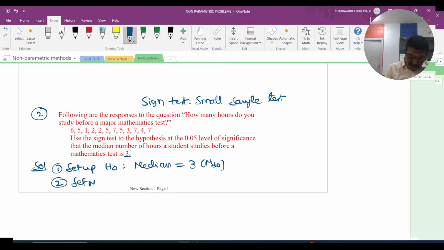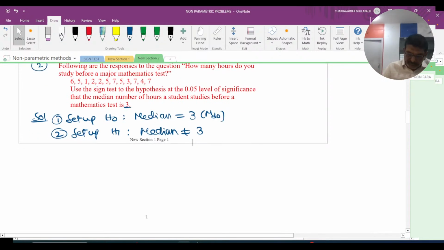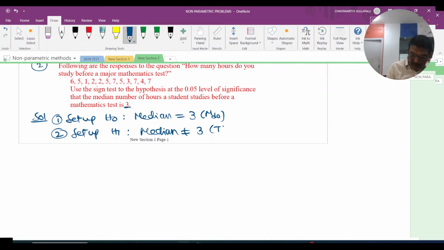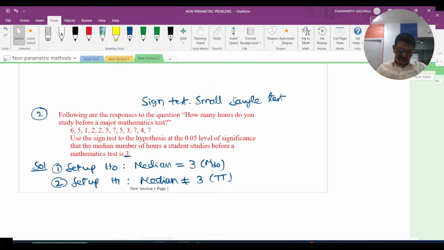Set up H1, that the median is not equal to 3. Two-tail test. The problem is not asking whether the median number of hours a student studies before a mathematics test is more than 3 or less than 3.